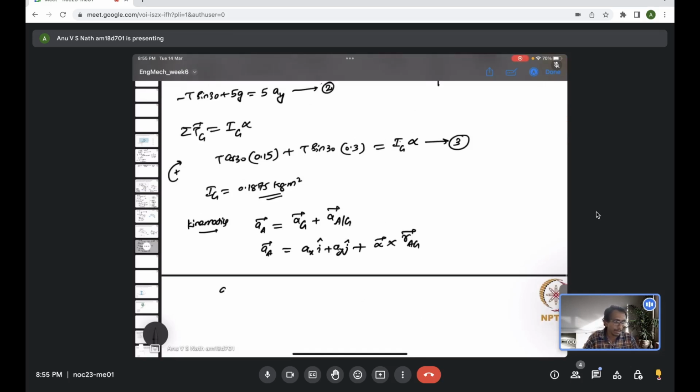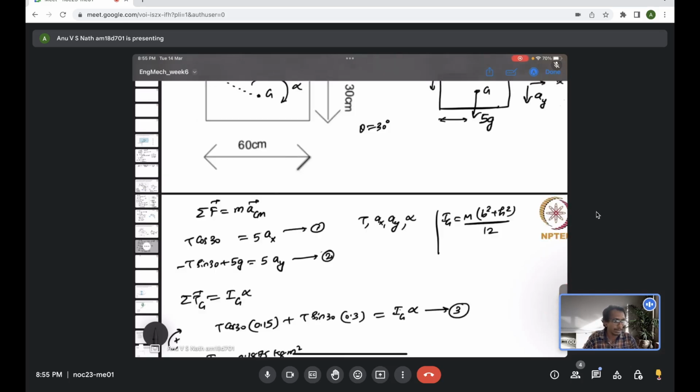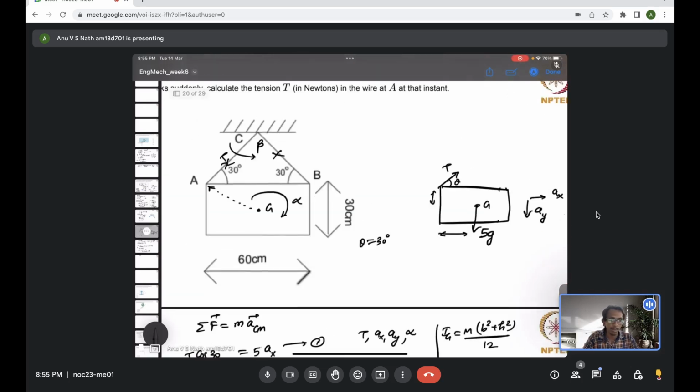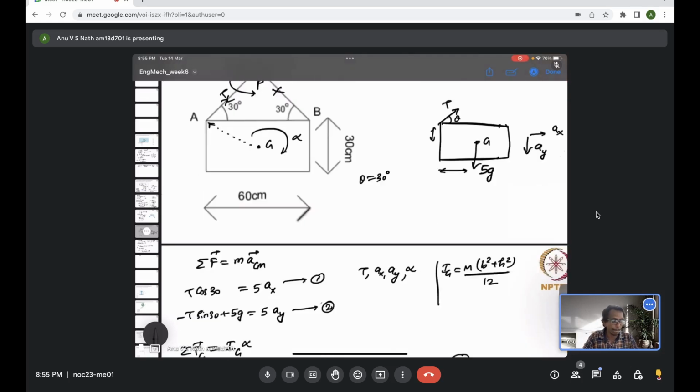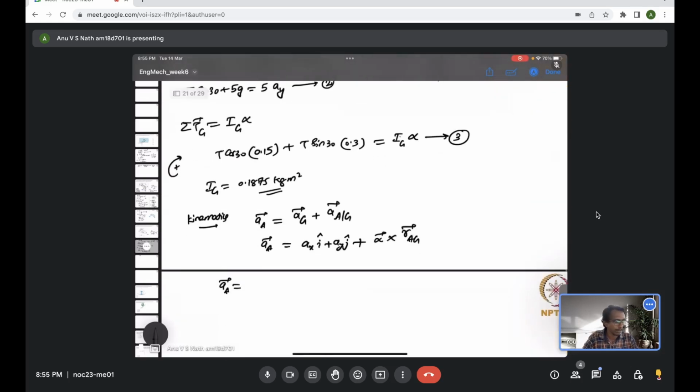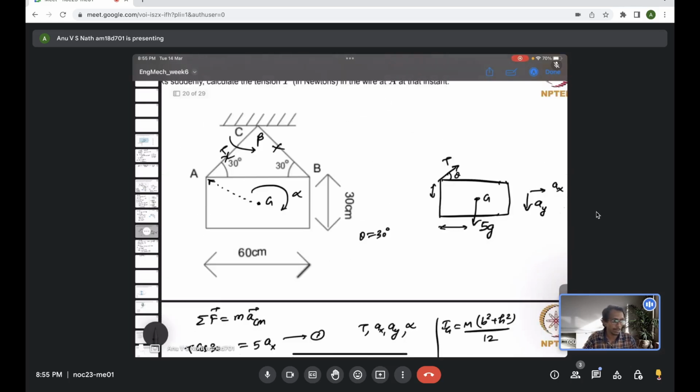Now again acceleration of A you can write about the point C, which is a fixed point. So it is acceleration of C plus acceleration of A relative to C. Because C is a fixed point, its acceleration is 0, just the relative acceleration will come, and you know it's pure rotation, right?